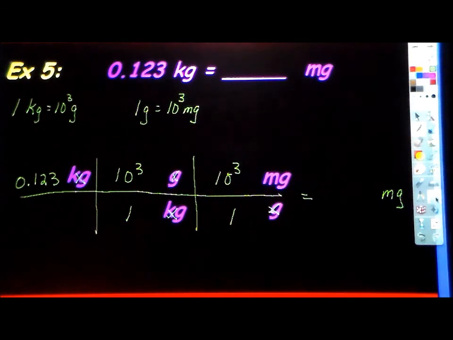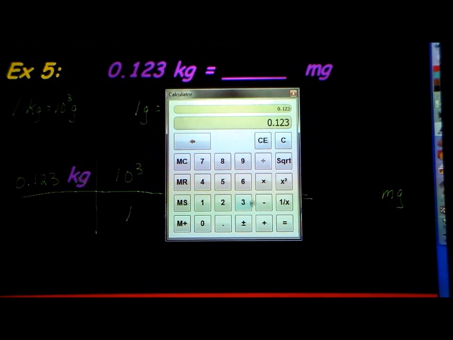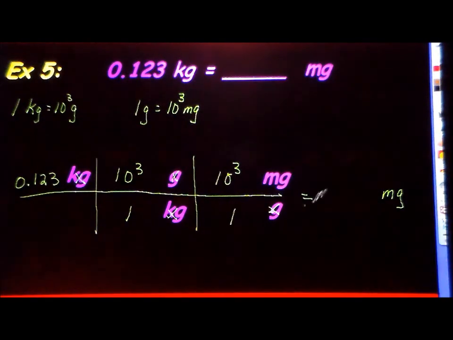So let's pull out the calculator. We have 0.123. I'm going to multiply it by 1,000. And then I'm going to multiply it by that second 1,000. And that gives me 123,000. And that would be your final answer.